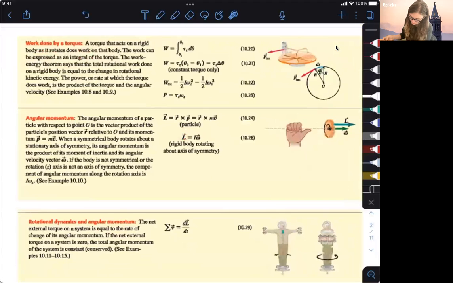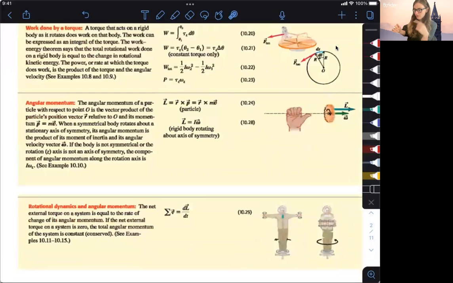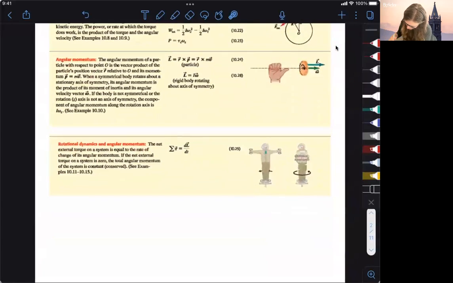We'll talk about this a little later, but if we also have a linear velocity tangent to how something's rotating, we can use collisions and the linear momentum for systems. Okay.